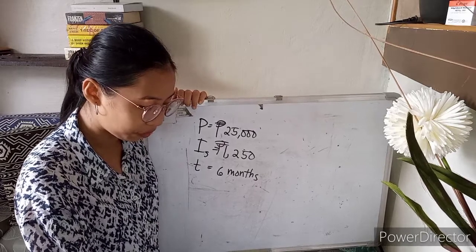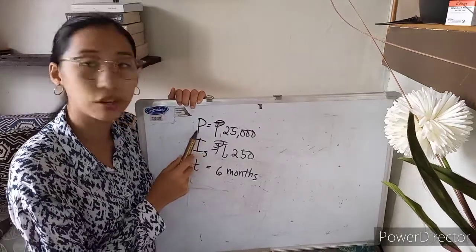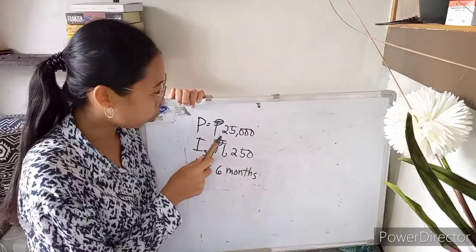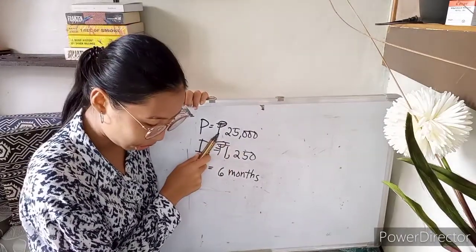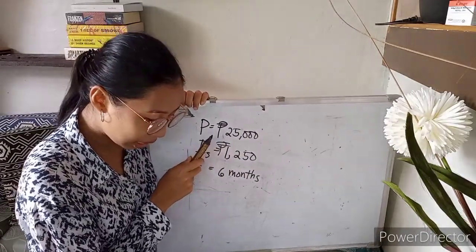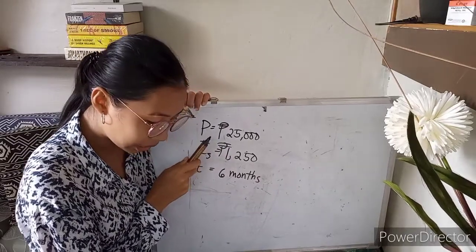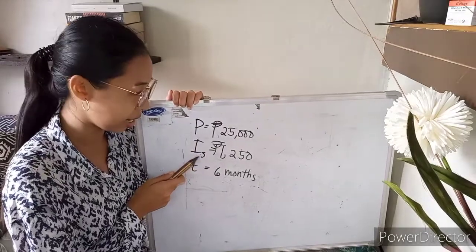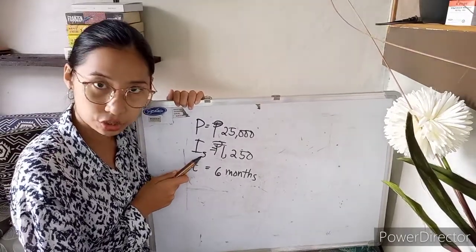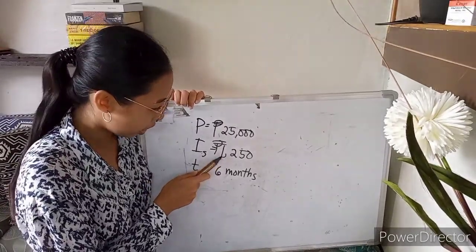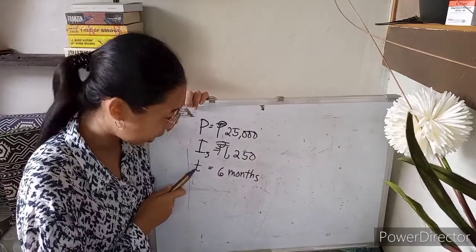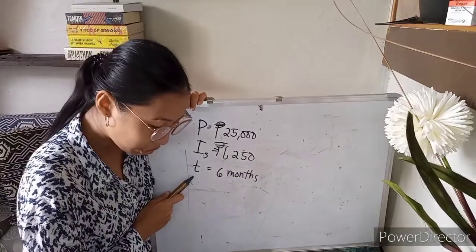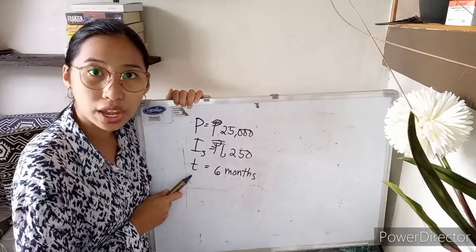Ricky borrowed 25,000 pesos. So this is the original amount borrowed, so this is the principal, 25,000 pesos. Afterwards, the interest he paid is 1,250 pesos. So, that is your I S or your simple interest, which is this amount. Okay, within how many months? 6 months. So, 6 months is the time. The question is, what was the rate of interest?